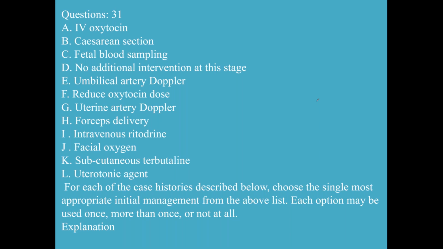This is the secondary arrest, because after 4 hours we did the PV and found the same thing: still 7 centimeters in spite of strong contractions. So the decision is cesarean section. This is the best for labor dystocia, I think.